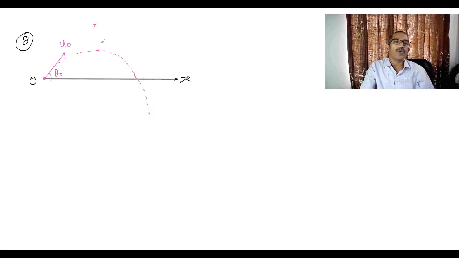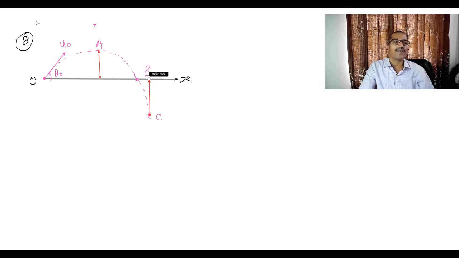That means O to A is one possibility, O to B is the next possibility, and this one is C. Now if I represent some dimensions here, for point A some distance is known, and for point C some distance is known.